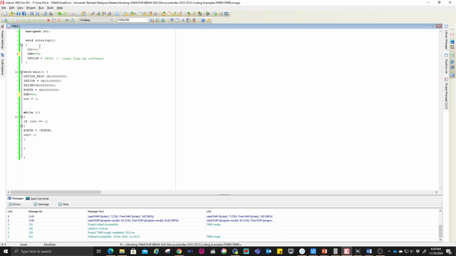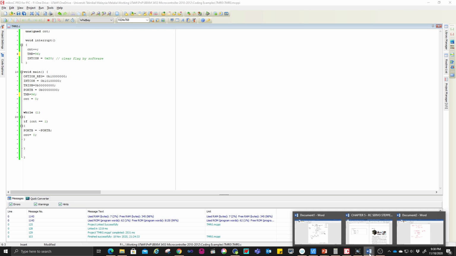If you do not put this one, it means your timer 0 goes back to 0, which is the same as the previous example I had just now, which is totally wrong. So this is what we have to do to set the timer 0 default back at 96. So it will count from 96, 97, up to 255. And then if count is already 1, it will go here and invert this one back.